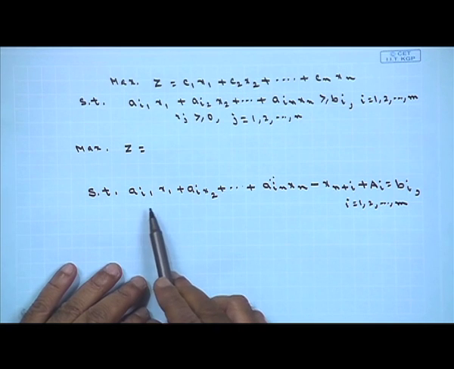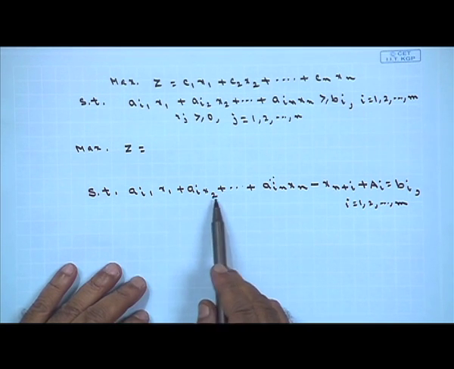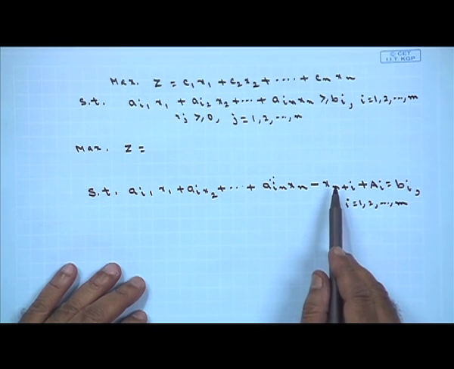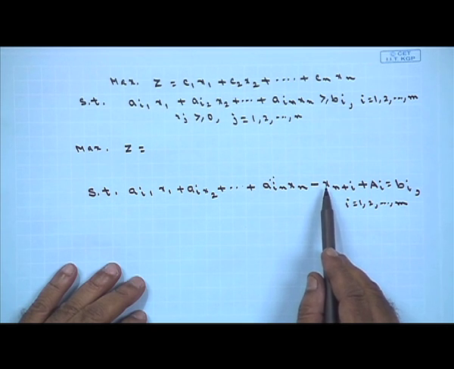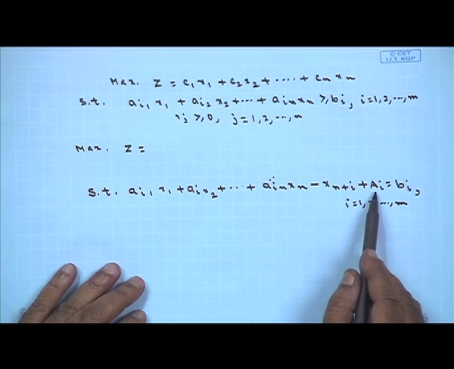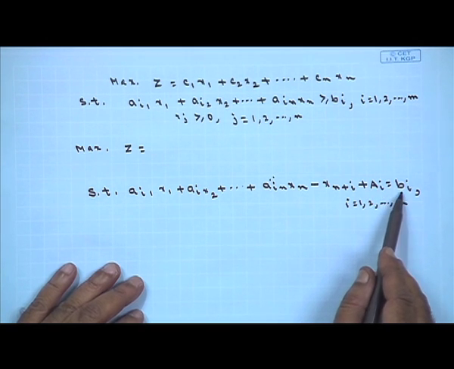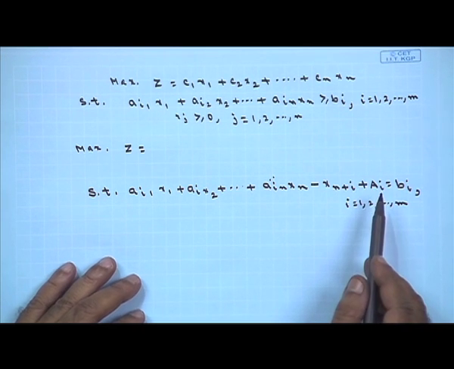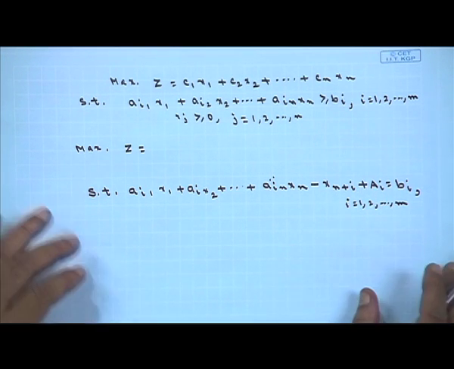For this, ai1 x1 plus ai2 x2 plus ain xn, I am subtracting one surplus variable to make it an equality, but since the value is negative, I am adding one artificial variable ai over here, which equals bi. I will take ai in such a fashion that it will go out.